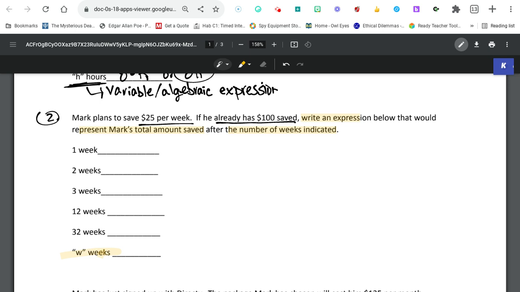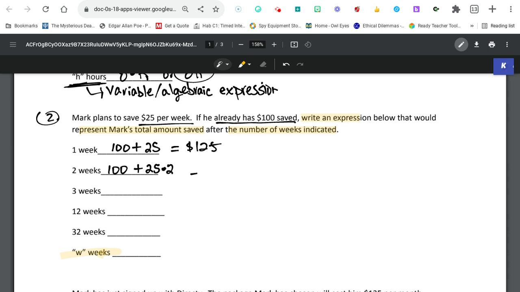All right, so after 1 week, what we have saved, well, he already has 100, plus he'll save $25. All right, on week 2, which would be $125. I'm going to go back to that in just a second. On week 2, we know he already had 100, and he'll have saved 50, but the 50 comes from $25 from week 1 and week 2.